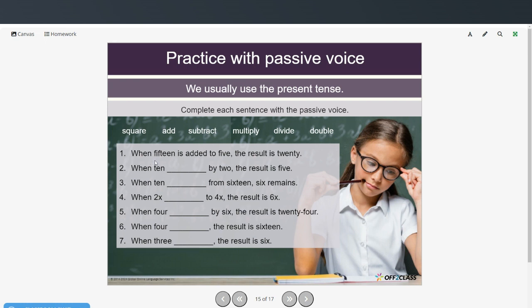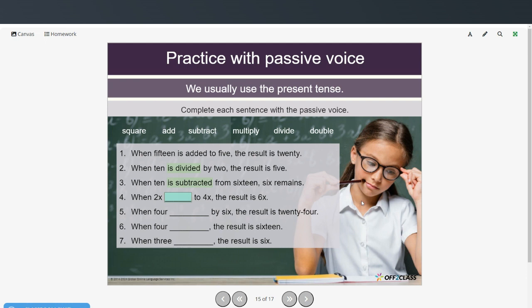So we have the example, when 15 is added to 5, the result is 20. When 10 is divided by 2, the result is 5. When 10 is subtracted from 16, 6 remains.